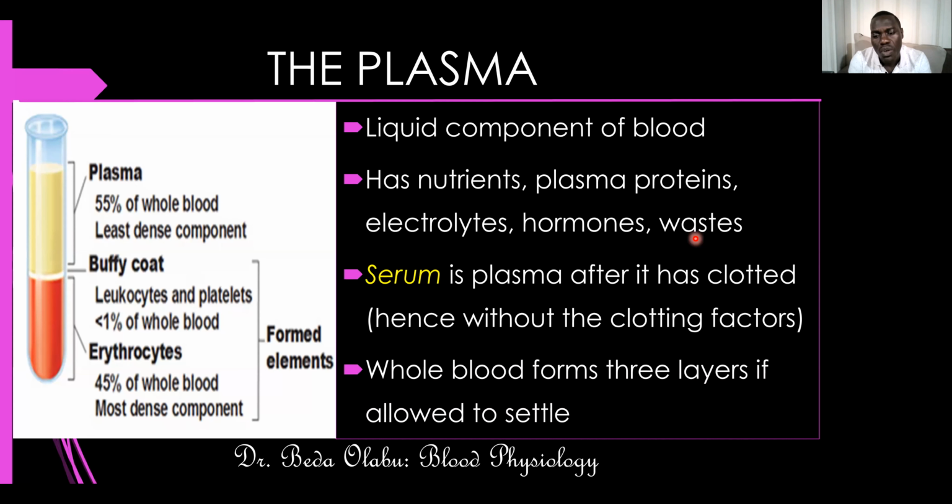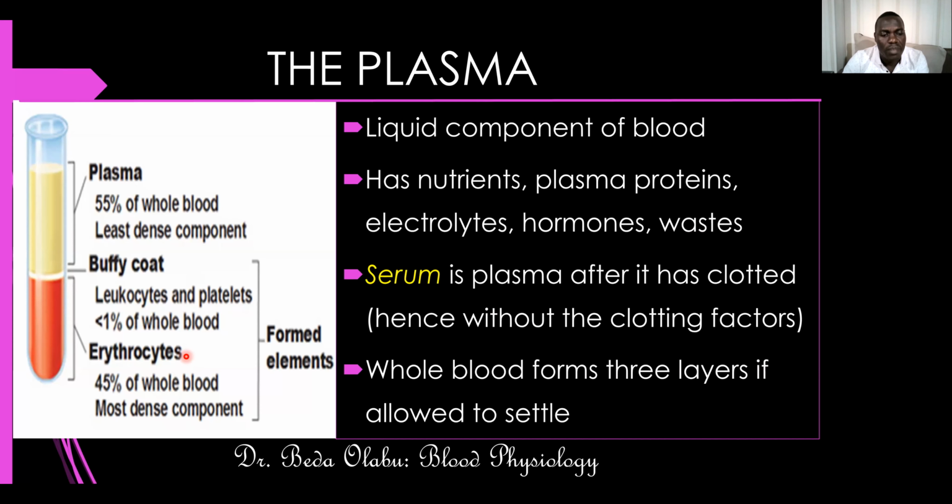When you allow whole blood to settle, whole blood meaning blood that has not been clotted, that whole blood will form 3 layers. The lowermost layer is occupied by the red blood cells.